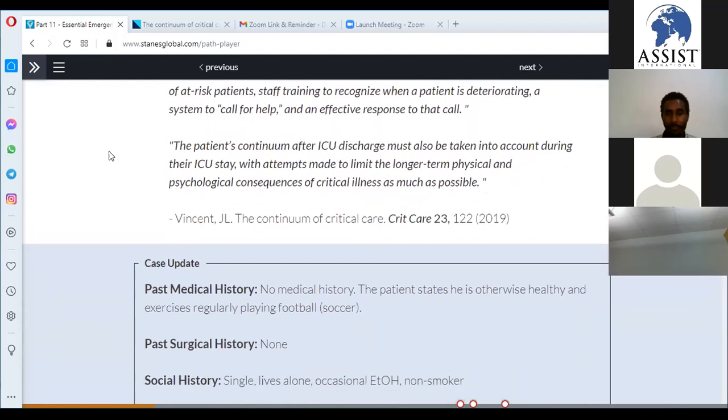So a continuum of critical care is very important to improve the patient's outcome.